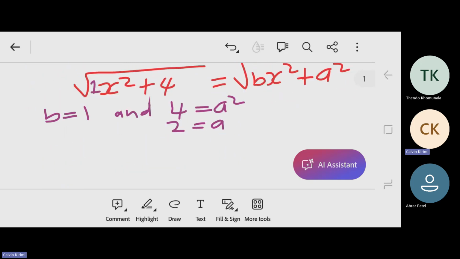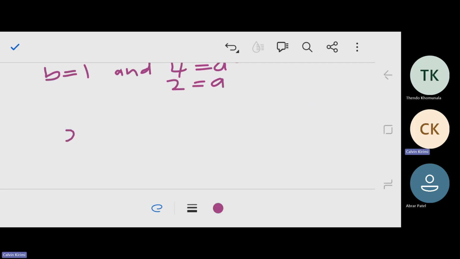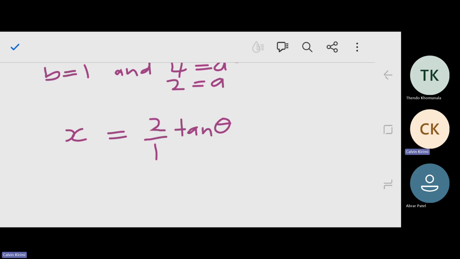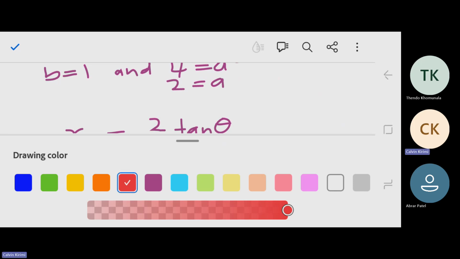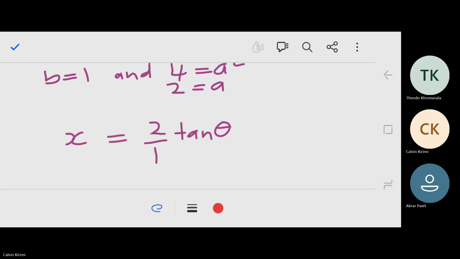In other words, x equals a, which is 2, over b, which is 1, tan theta. Like that. Now you are in a position to draw the triangle. By that, what do we mean? You can draw the triangle like that.